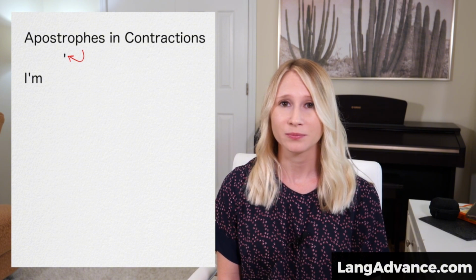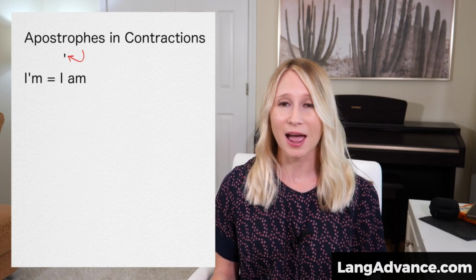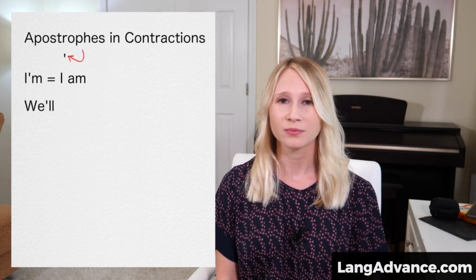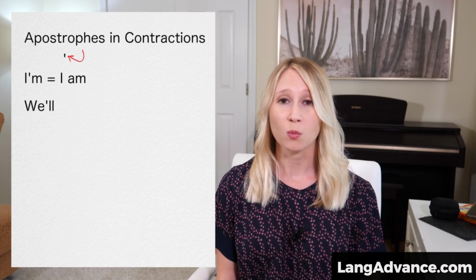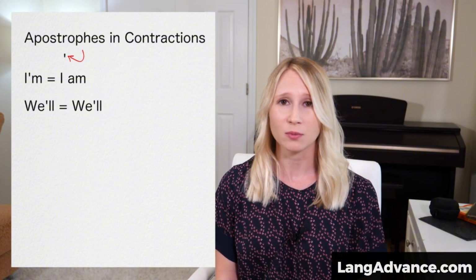I'm. Here, we combined I am. We took out the A and replaced it with an apostrophe. We'll. This is short for we will. Here, we took out the W-I and replaced it with an apostrophe.